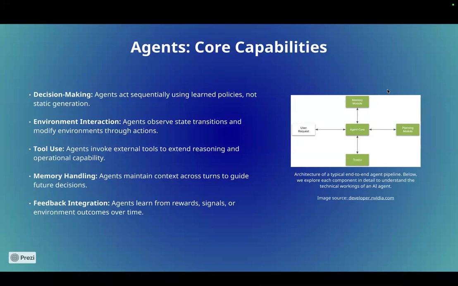And as part of coming up with a response for that query, it uses certain tools. These are the three key components that we typically see: memory, planning, and tools. That, packaged together with a base model, an LLM, literally at the center, which is the agent core, is what constitutes an agent. That's the typical end-to-end agent pipeline that we see in the field.